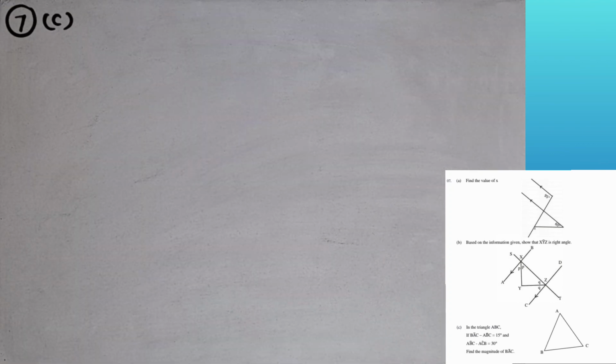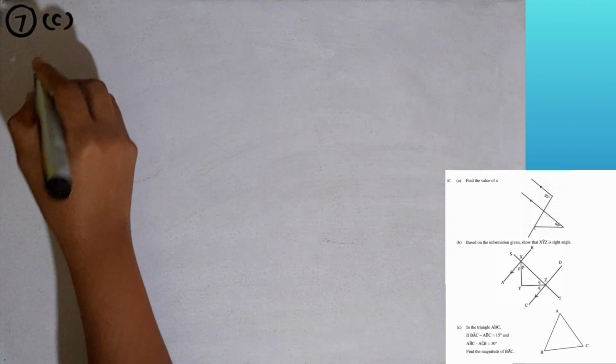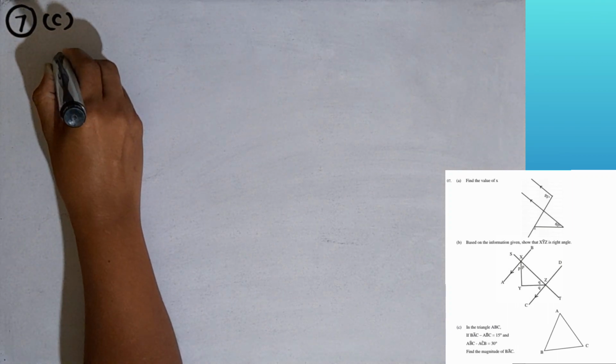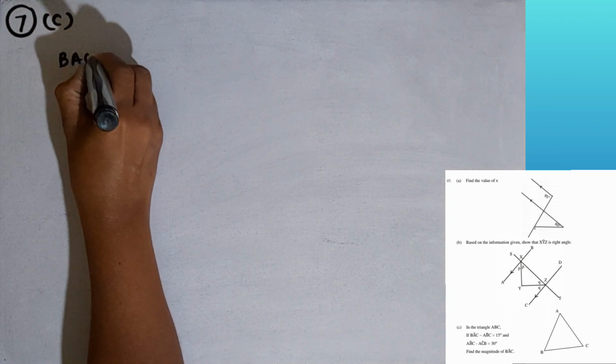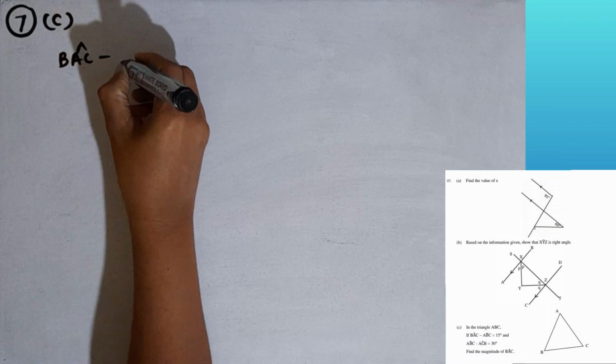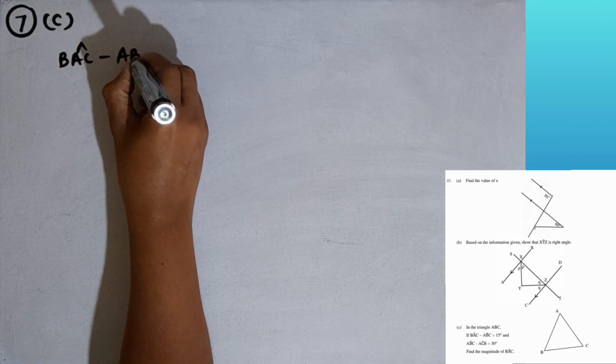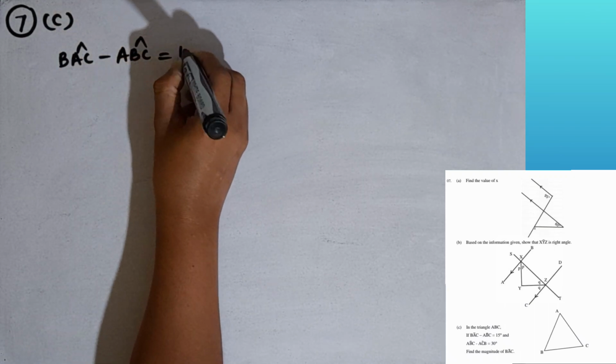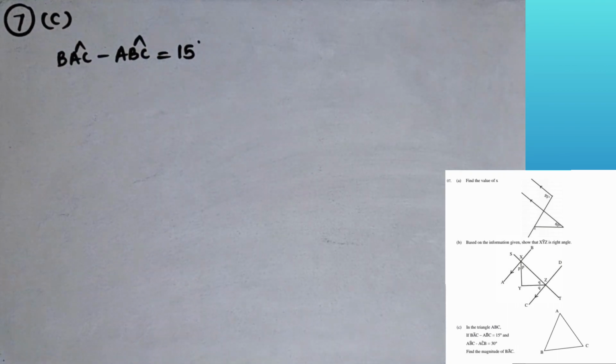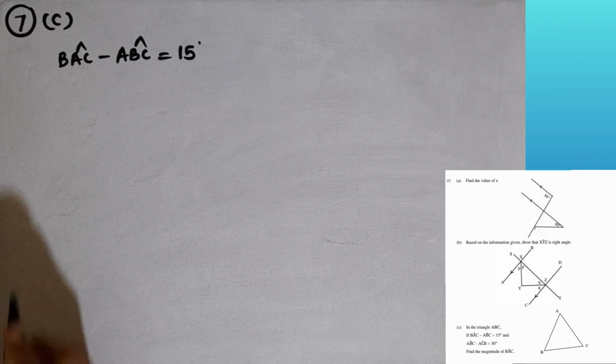C part, in the triangle, if BAC angle minus ABC equal to 15, I will write it first. BAC angle minus ABC angle equal to 15 degrees, and ABC angle minus ACB angle equal to 30 degrees.